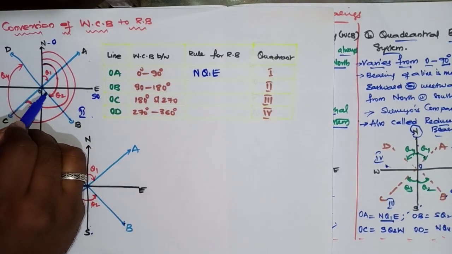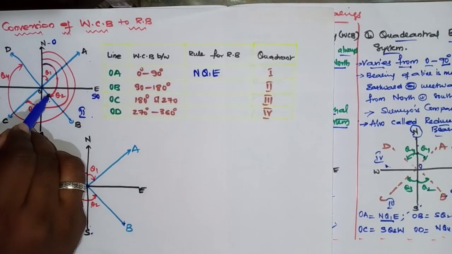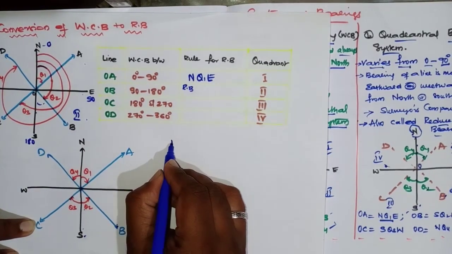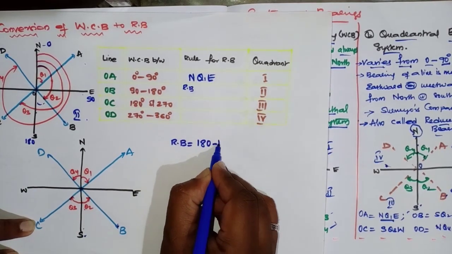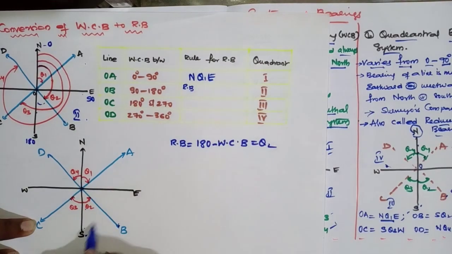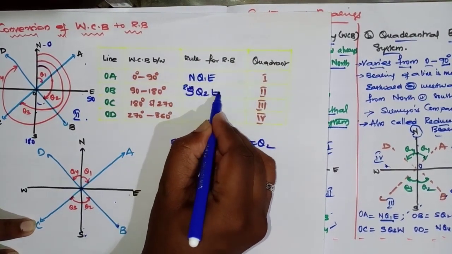I want this one, the total 180 minus WCB. Therefore RB equals 180 minus WCB, which is theta 2. In which quadrant does it lie? South. So south theta 2 east.